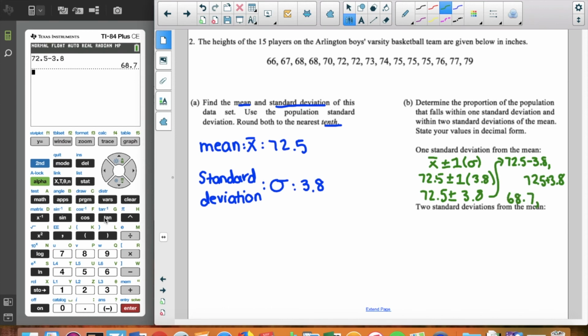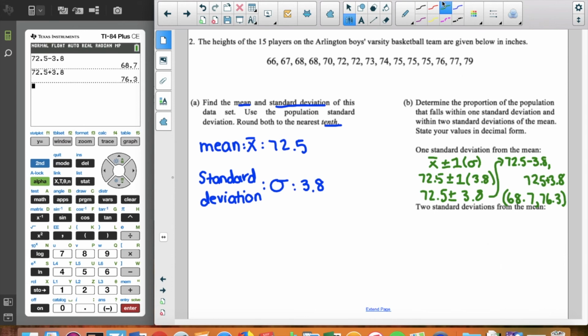And the second point in our range, we have to add them. 72.5 plus 3.8, and we get 76.3. So this right here is the range within one standard deviation.